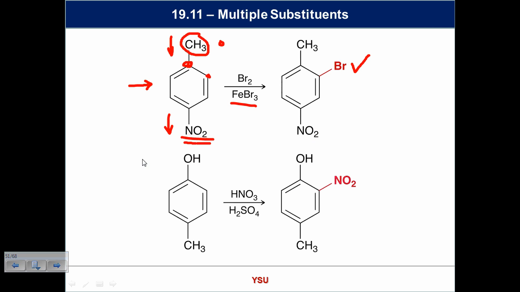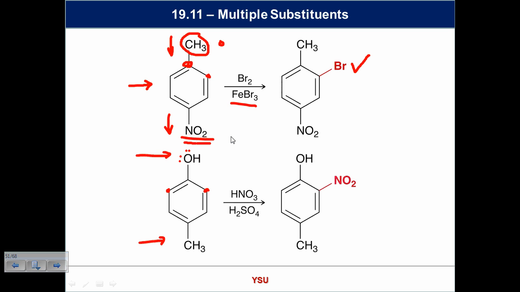What about down here? We have an OH group at one end, and we have a methyl group at the other end. Which do you think is stronger at what it does? The OH, right? The OH is a more powerful directing group. It's a more powerful activator, and so you can expect those lone pairs to be pushed in. And obviously, this and this will become activated because I can draw resonance structures in which they're delta negative.